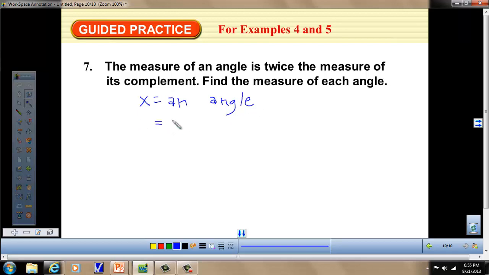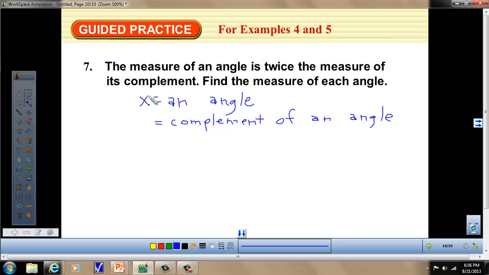If I'm talking about the complement of an angle, the best way to describe this is that this angle and this complement will equal 90. Therefore, if this is 30, this one should be 60. If this is 20, this one down here should be 70.